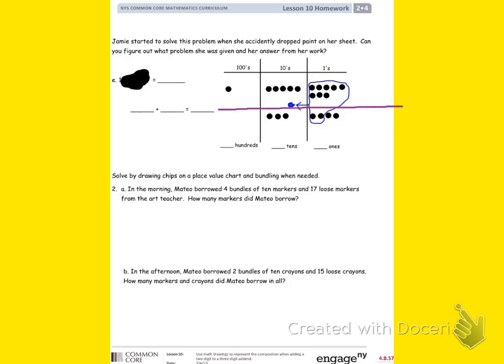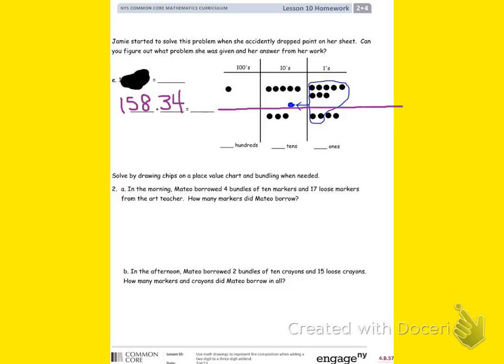I can see that there is one group of 100, 5 groups of 10, and 8 ones in the first addend. In the second addend, I can see that there are 3 tens and 4 ones. So the algorithm that Jamie was trying to solve had to have been 158 plus 34.